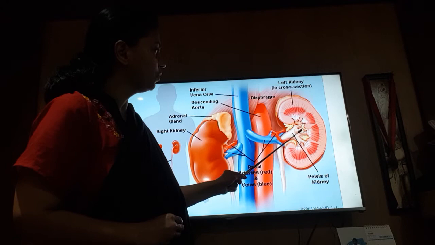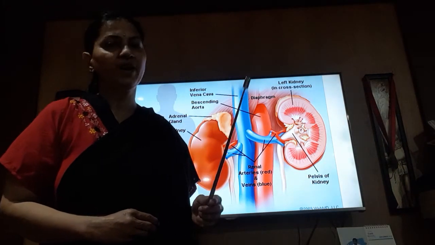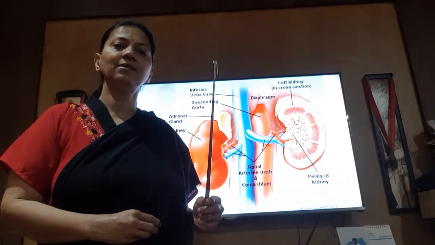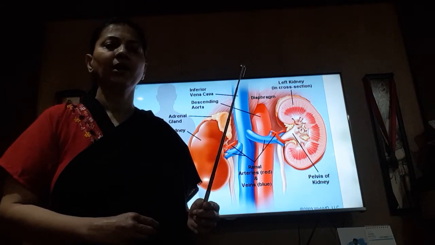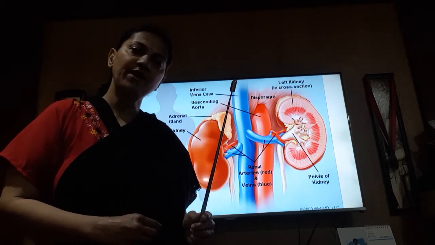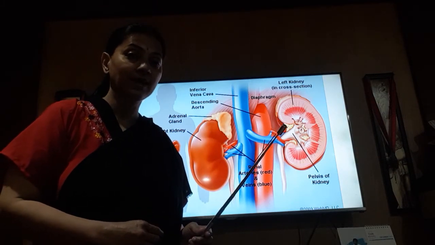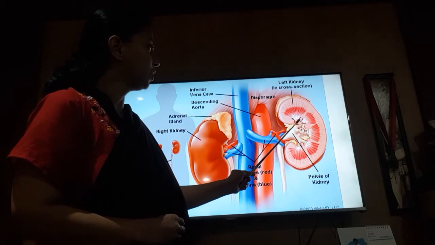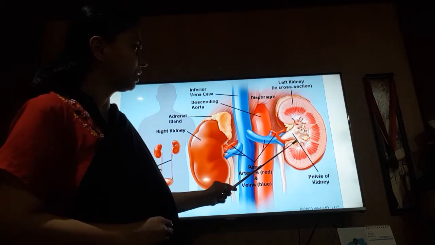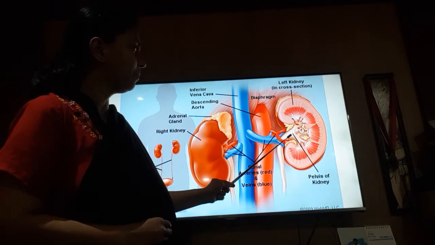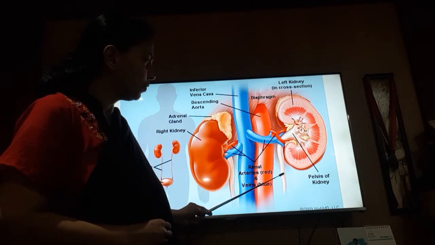We have got 1, 2, 3, 4, 5, maybe 4 also sometimes. 4 or 5 major calyces; the singular is called calyx, the plural is calyces. So minor calyces join together to form a major calyx, and all the major calyces join to form the renal pelvis, and then it becomes narrow and forms the ureter.